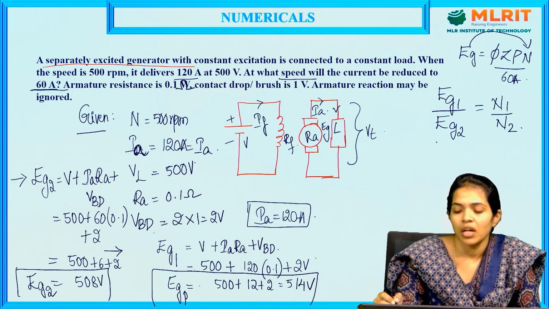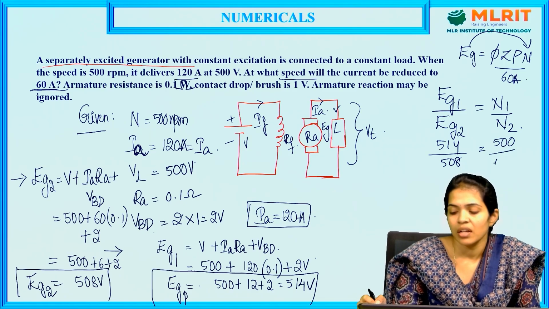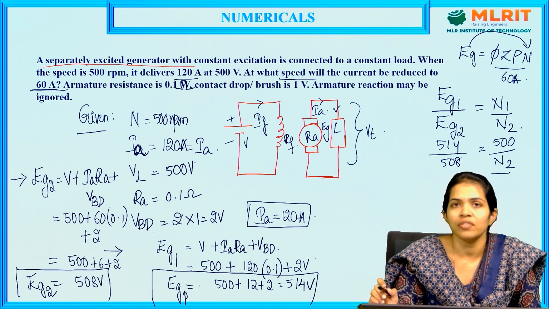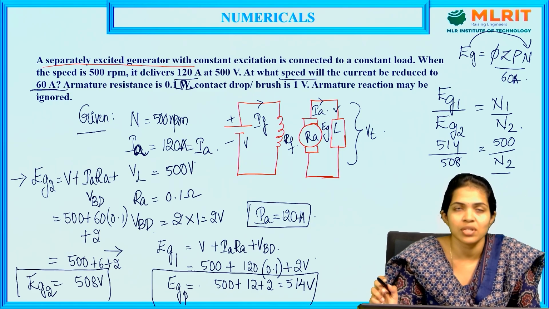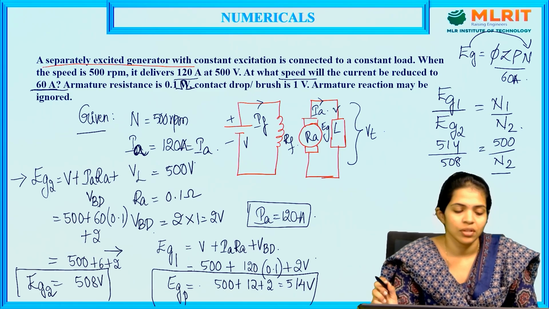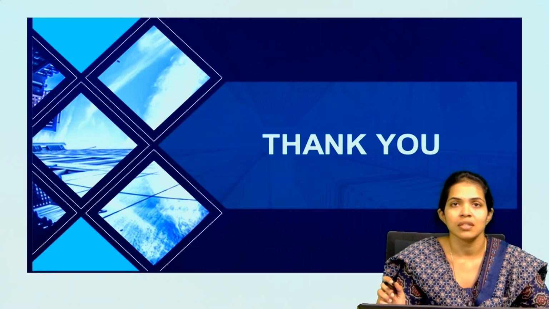I got 514 divided by 508. The speed in the initial case is given as 500, and I need to find N2. So from this, we can get the value of N2. This is how we calculate the speed for different values of armature current in different situations for a separately excited generator. So that's it about the numericals on different types of generators. Thank you.